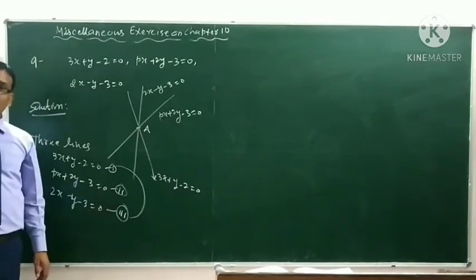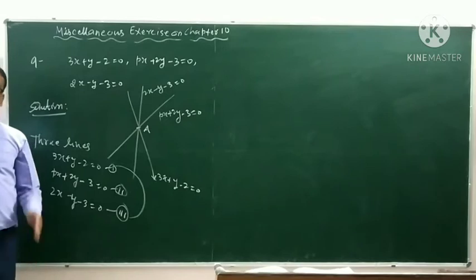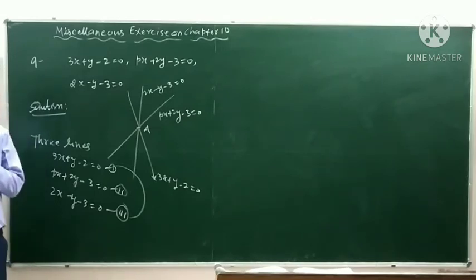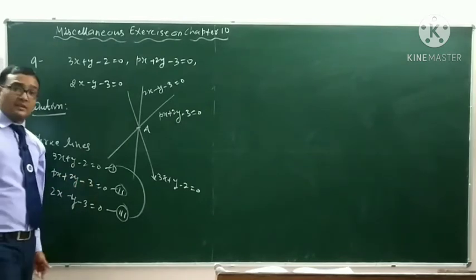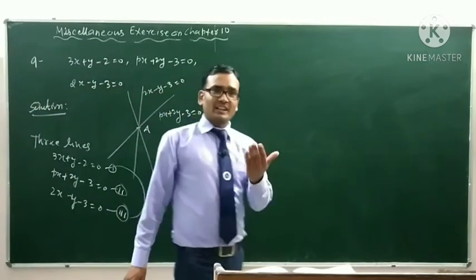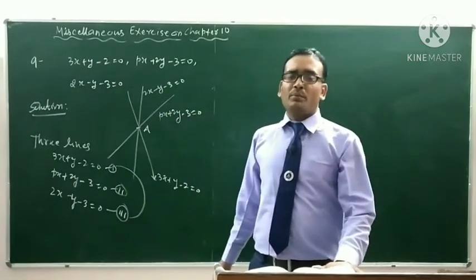Second, the coordinate of point A satisfies the line px plus 2y minus 3 equal to 0. Then we can solve it and find the value of P.